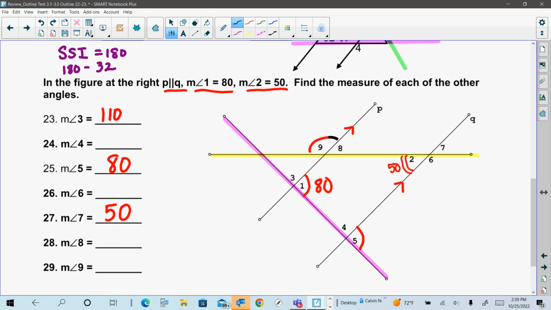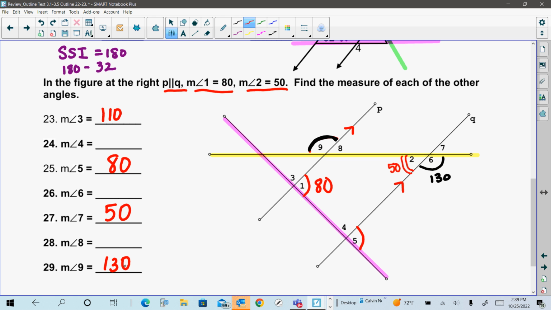Maybe I should do that with the black curve. 9 and 6 go together, and I can get 6 using the linear pair with 2. I know they didn't ask for angle 6, or they did on 26. But since 2 and 6 are a linear pair, that means this would have to be 130. And since 9 and 6 are alternate exterior, it also would have to be 130.